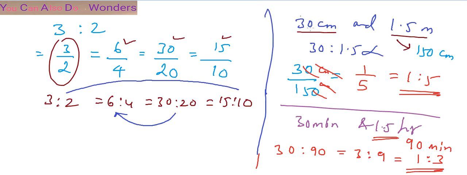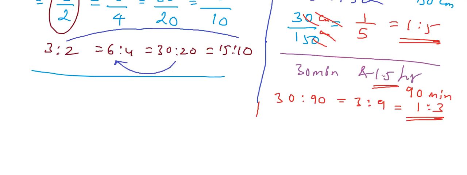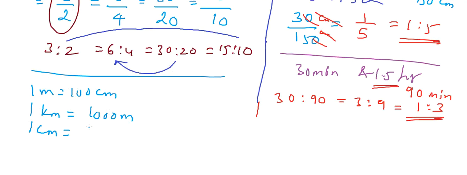Yeah, so to write a ratio, you should be familiar with the conversions of units. Say 1 meter is 100 centimeter, 1 kilometer is 1000 meters, and 1 centimeter is 10 millimeter.